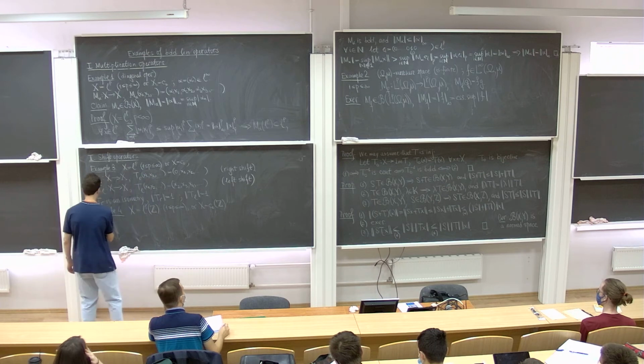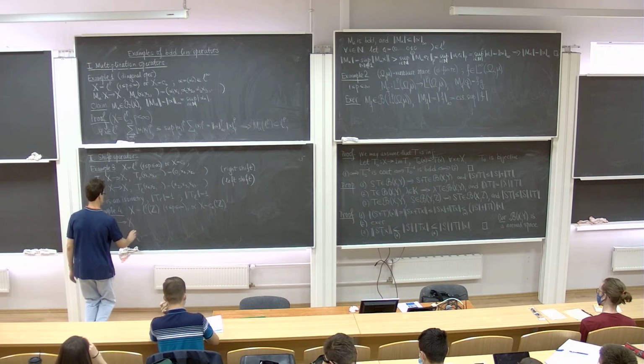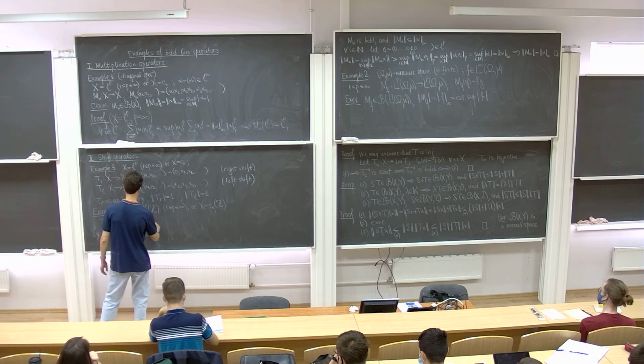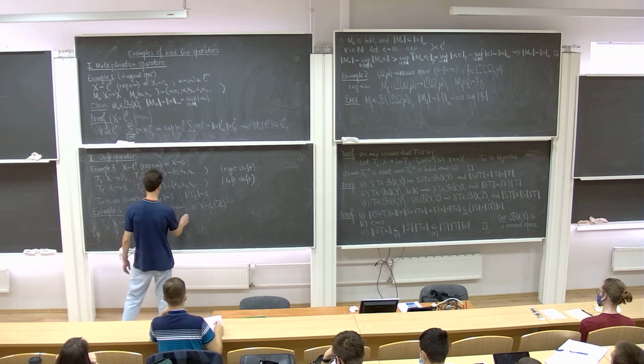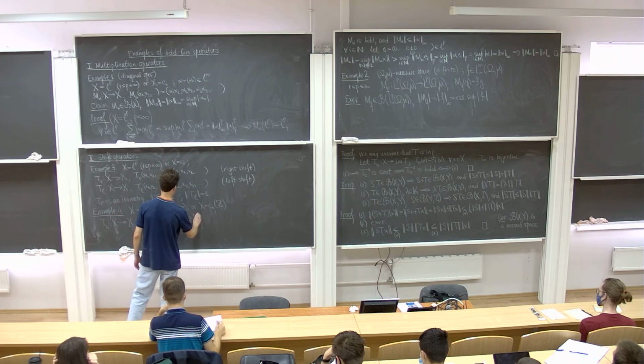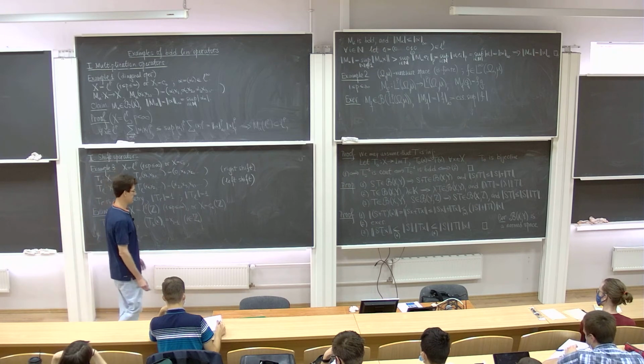We define an operator TB on X by the following formula. The ith coordinate of TB of x equals x_{i-1} for all i in Z. And this operator is the so-called bilateral shift.